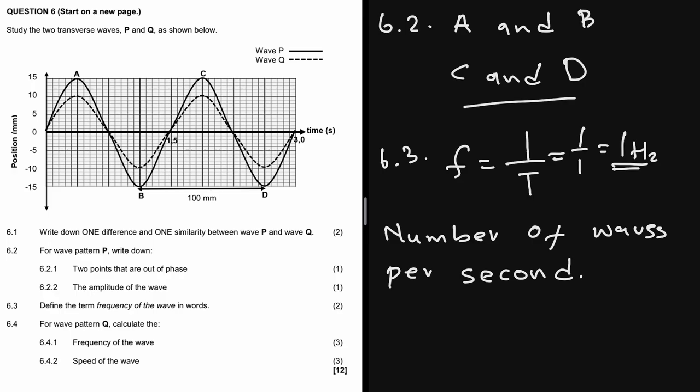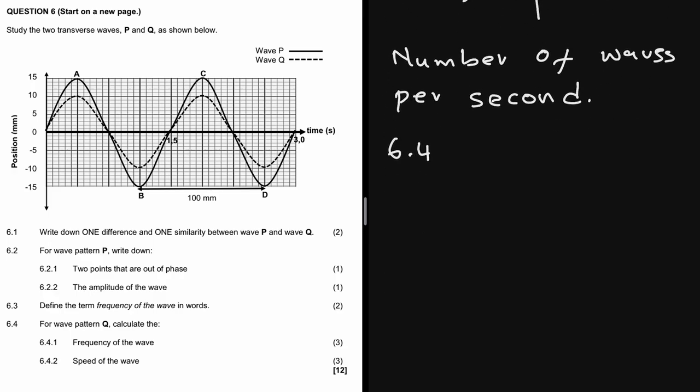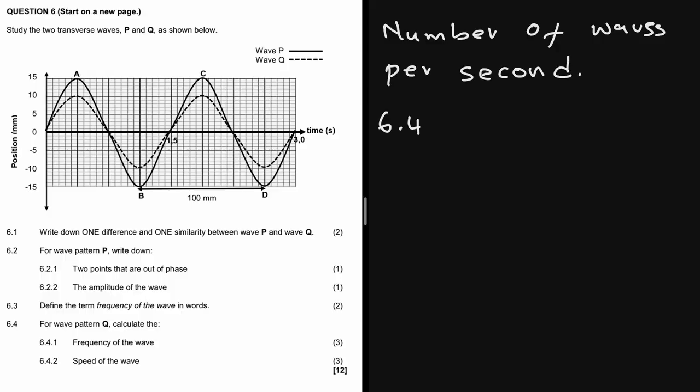So the next question, which is 6.4. In 6.4, they say now for wave Q, we must calculate the frequency of the wave. So we know that, okay, this is wave Q here, and wave Q is also having the same period of 1.5 as wave P, because the period is just the time it takes to complete one wave.